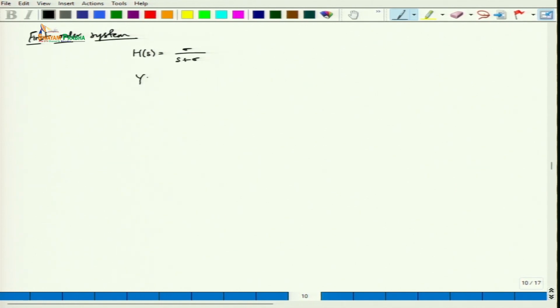So basically then y of s will be h of s by s, which will be sigma divided by s plus sigma, which can be expressed using partial fractions as 1 by s minus 1 by s plus sigma. So if we go back to the Laplace tables, we can find that this is just 1 minus e to the power negative sigma t.